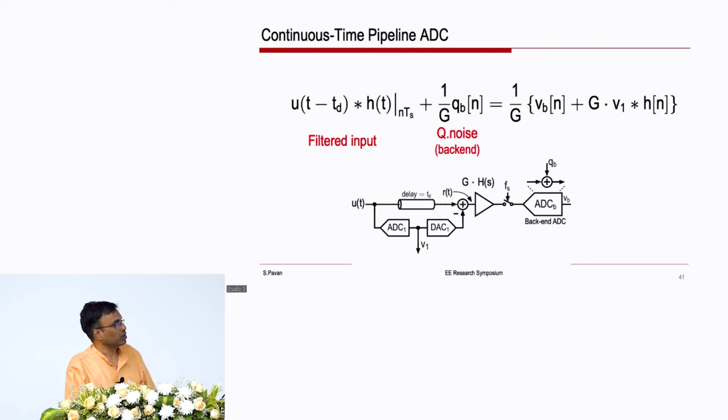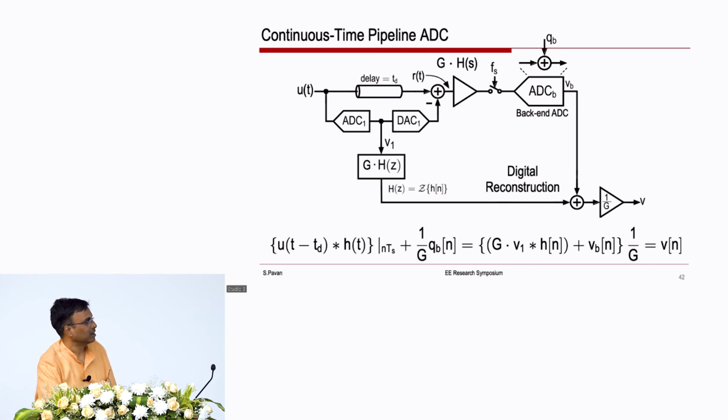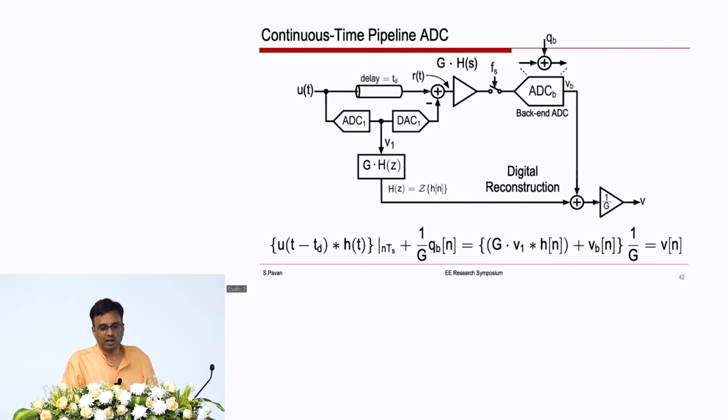This is the quantization noise of the back-end ADC divided by G, and what this equation is telling you in words is that the filtered input after quantization can be recovered by computing this, which is the back-end ADC plus the output of the first stage convolved with the equivalent digital filter of the analog part. So, this is basically the complete analog to digital converter, which now combines filtering and analog to digital conversion. That is the digital reconstruction engine.